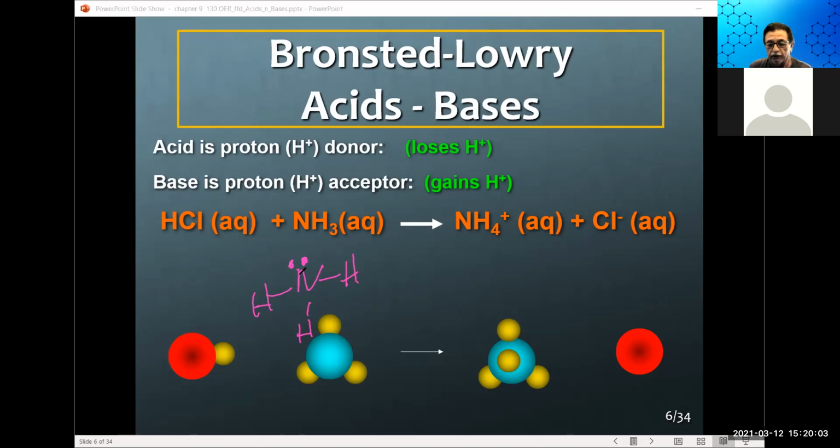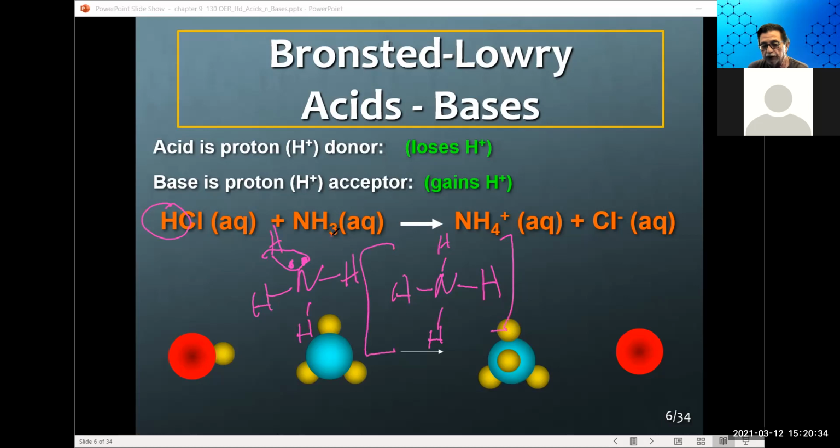I stated earlier that the proton has a missing s orbital. And so the proton can come in here and combine with that lone pair to form the ammonium. We went through this one too when we did the Lewis dot structure. Remember the ammonium ion. It's also one of the polyatomic ions.